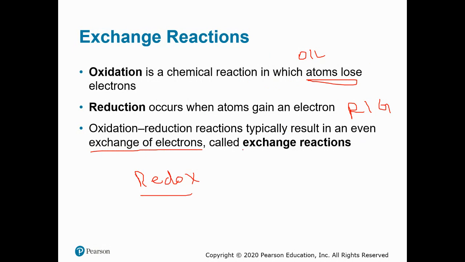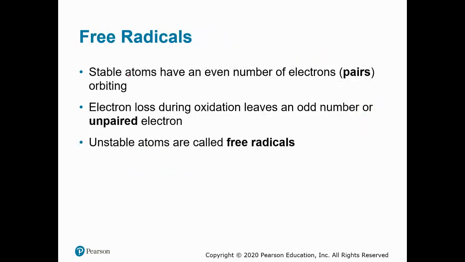So there's more of this exchange of electrons rather than a total loss or a total gain. So where it goes awry is when the exchange isn't fully complete and atoms wind up being oxidized and staying oxidized rather than receiving another electron to neutralize themselves.